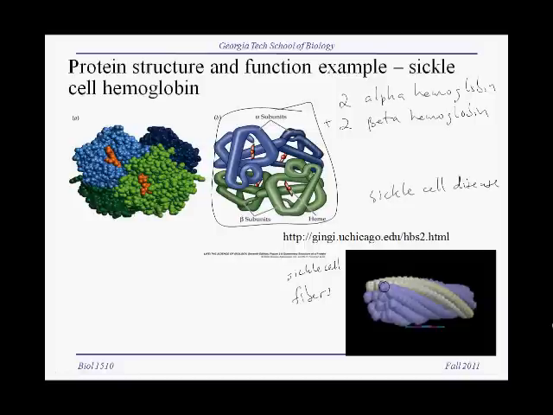The red blood cell turns into a sickle shape, which gets clogged as it passes through capillaries. It loses oxygen carrying capacity, and therefore we have anemia and lots of red blood cell damage.